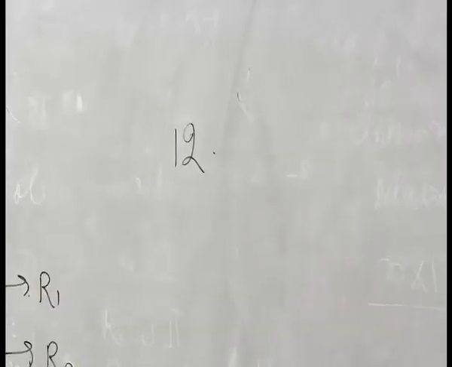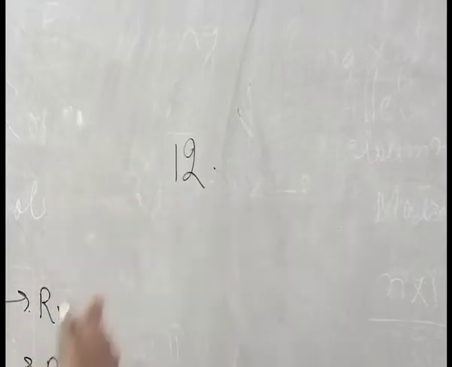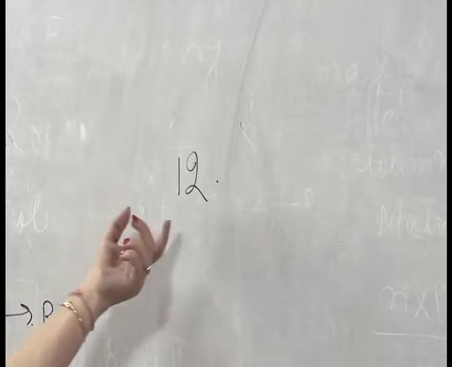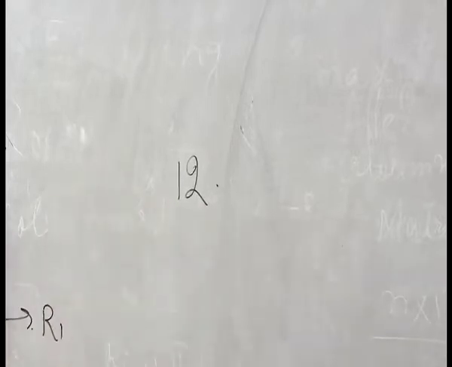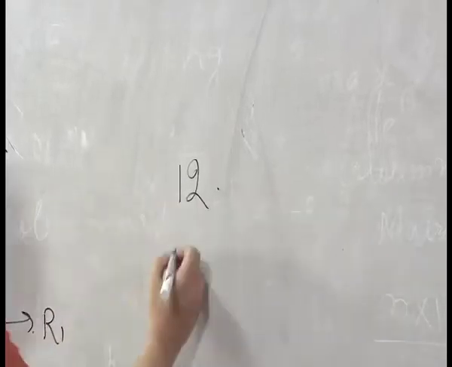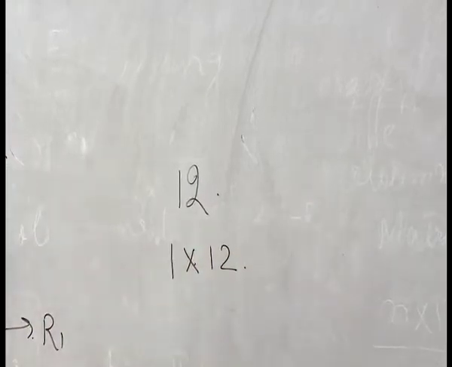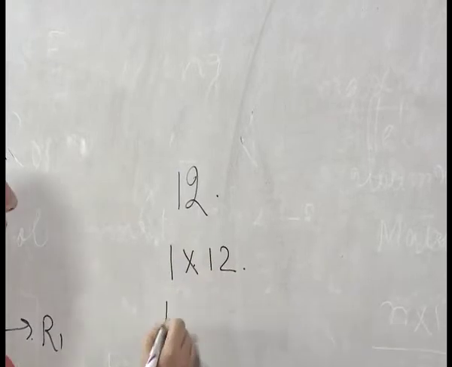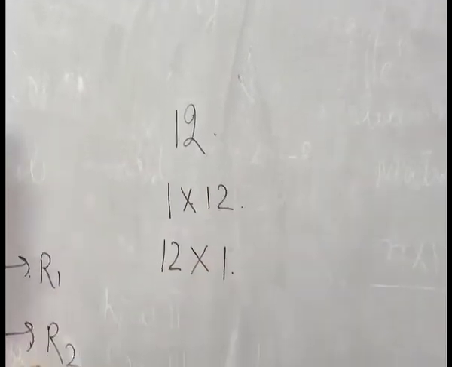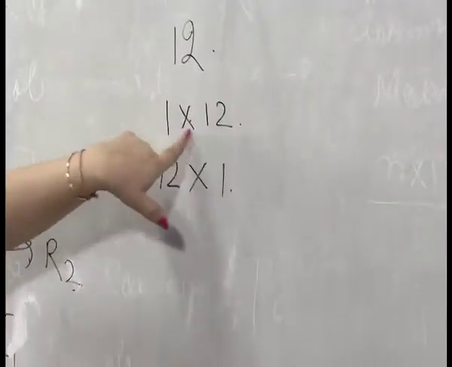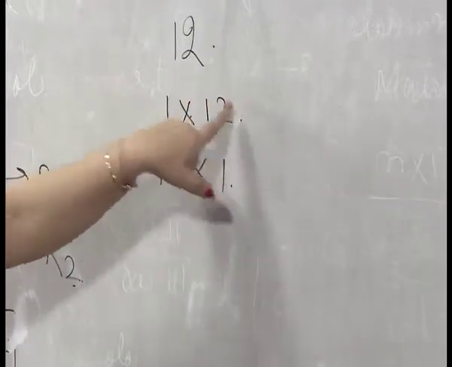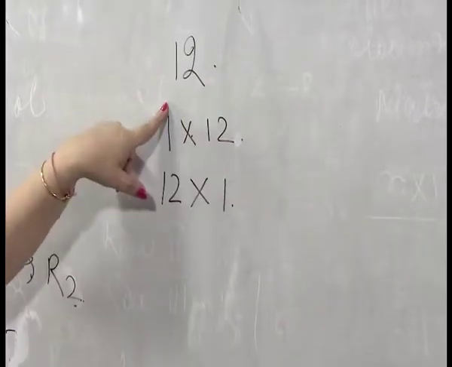So what can be the possible orders? The same way you write the factors of 12, you can write the order of the matrix. 1 by 12, so you can have a matrix of order 1 by 12. You can have a matrix 12 by 1. You can easily see 1 into 12, row into column, 1 row, row matrix.